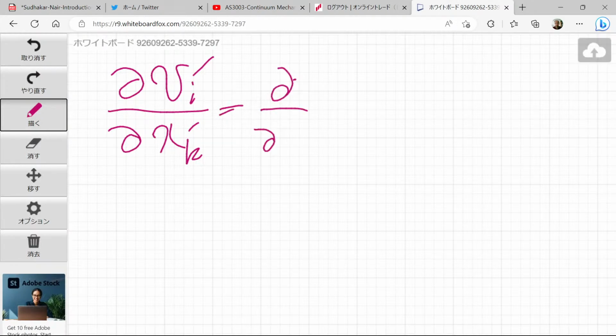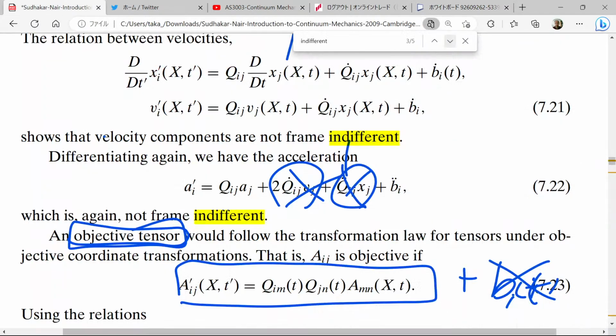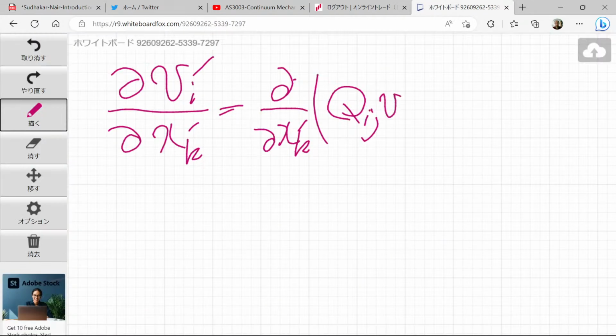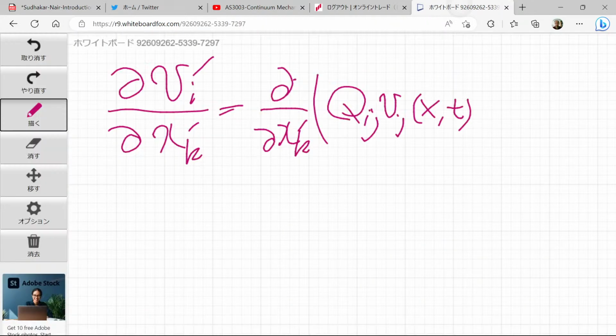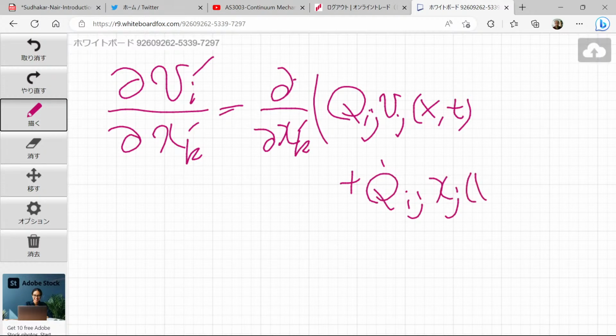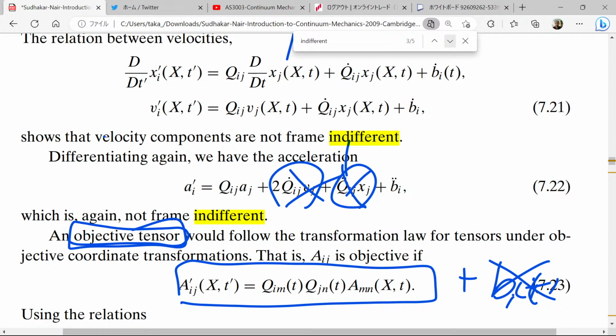Partial xk prime, Qij vj, partial xt, Q dot ij xj, plus bi dot.